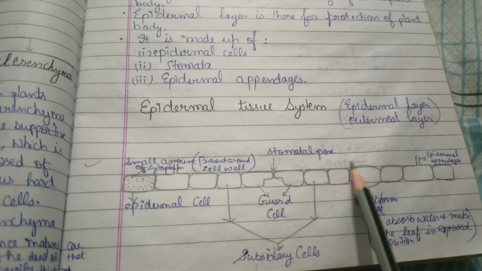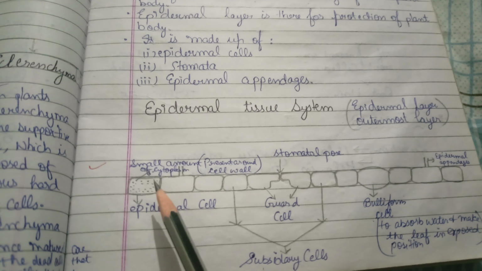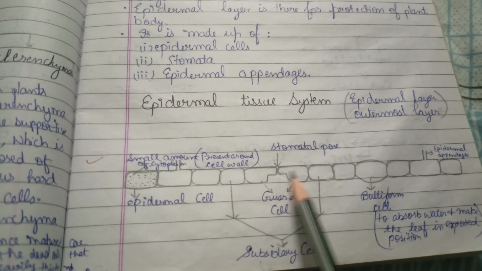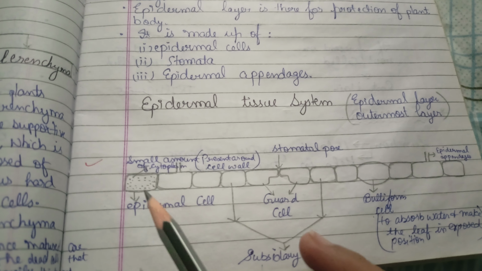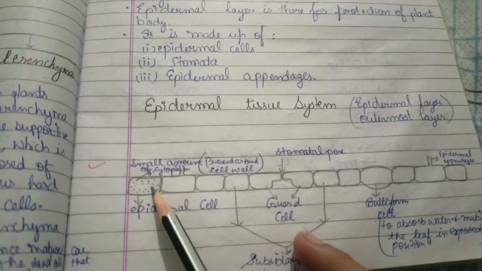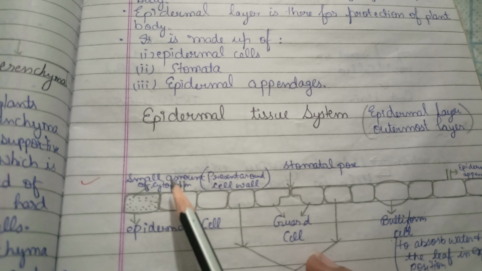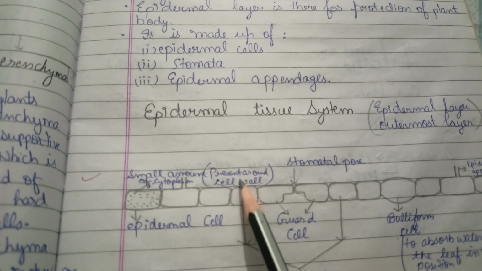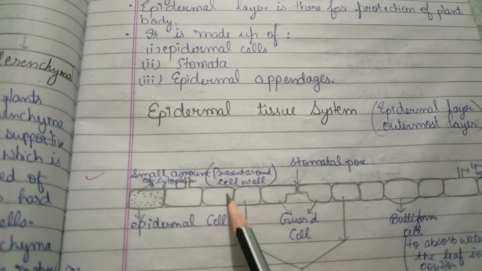This is the epidermal tissue system, in which we can see that this is a layer of single cells, right? And these are the epidermal cells. A small amount of cytoplasm is present inside the cell wall.